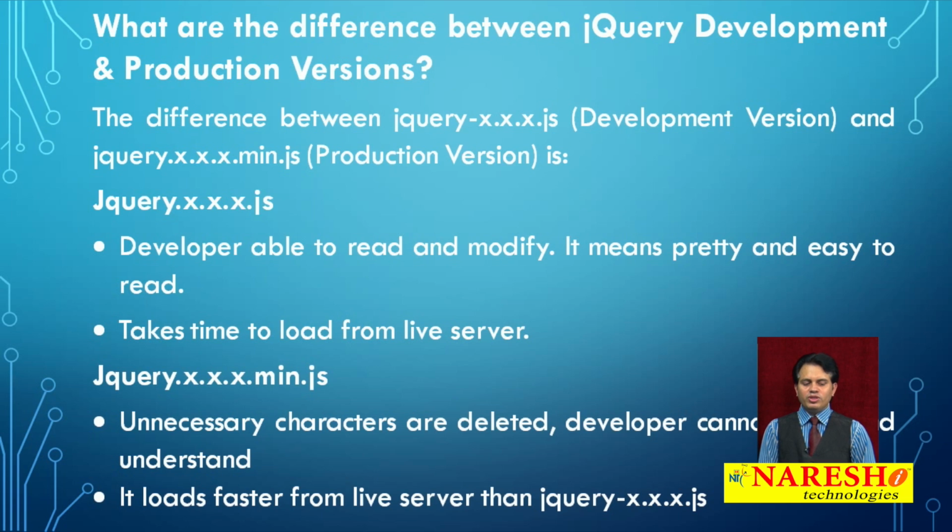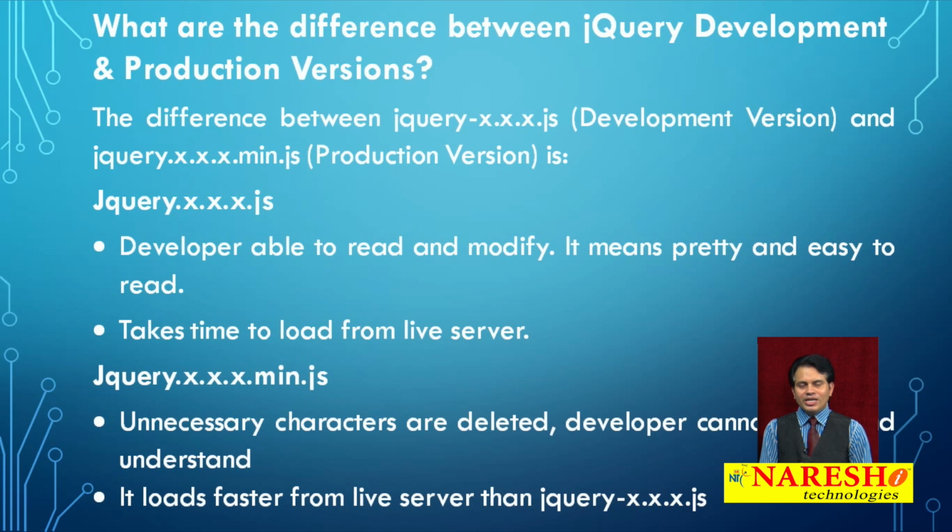That is the development version, and jQuery-3.1.1.min.js, where x.x.x means any version number, suffixed with .min.js, belongs to the production version. So what is the difference? If we talk about jQuery, it is any version number .js without min.js.